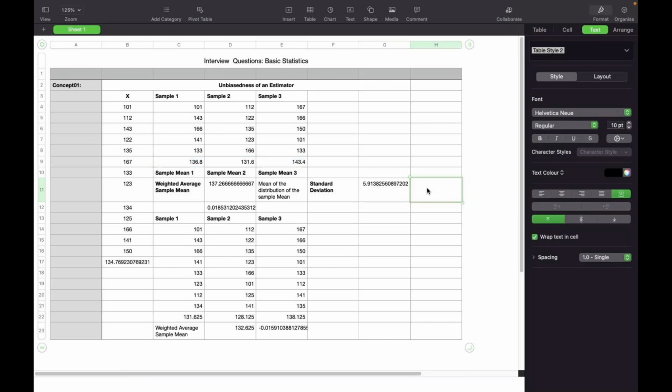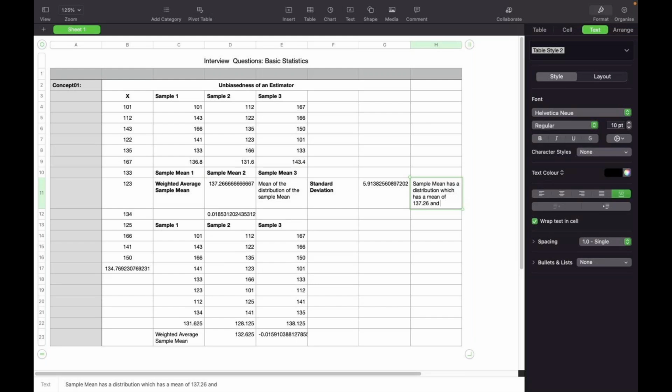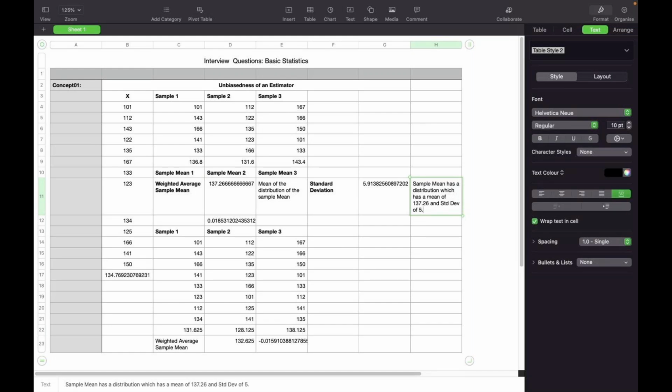The sample mean has a distribution which has a mean of 137.26 and a standard deviation of 5.91.